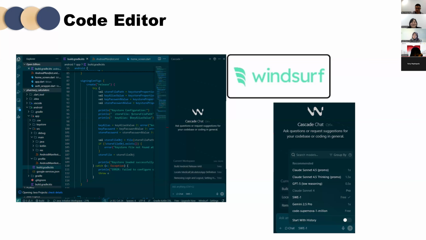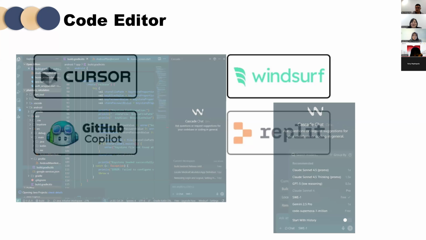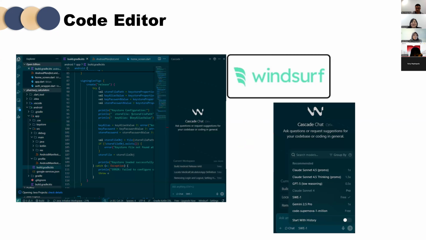But you can test different code editors. Cursor also provides a free version for students, so if you want to use it, you can. My point is, since there are so many AI tools available, we can make use of them because they make our development life easier and faster.